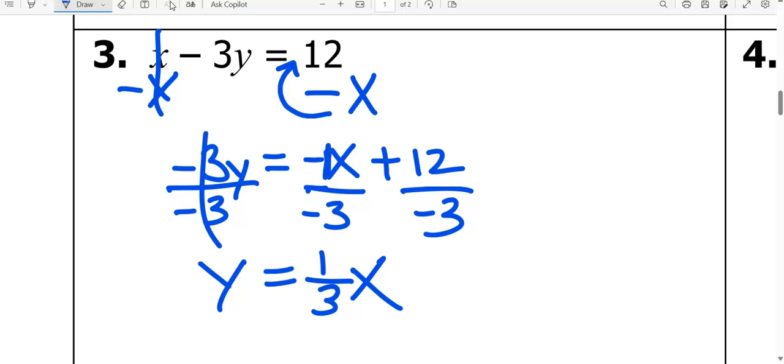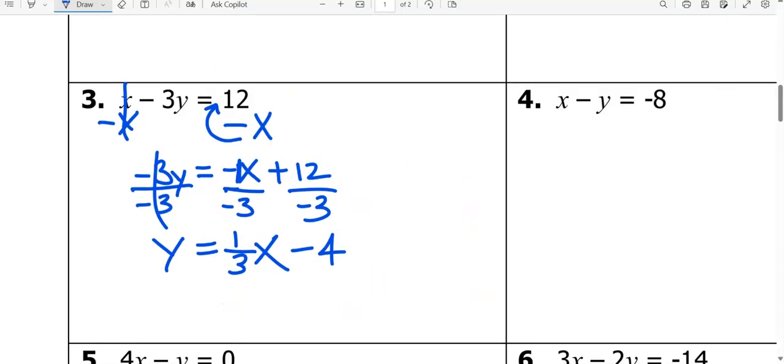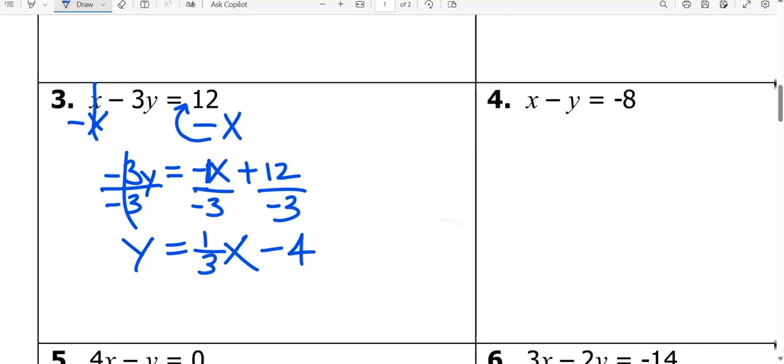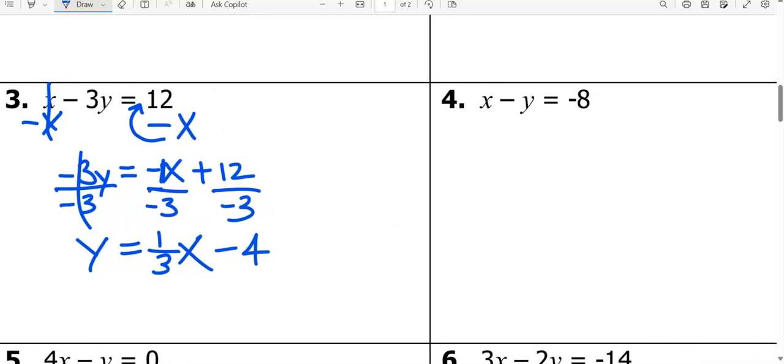Now you could type the numbers into Desmos to get the reduced form. Same thing here. And then what's 12 divided by negative 3? Negative 4. That is the best, most accurate, reduced slope-intercept form from standard form. Okay? What about number 4?